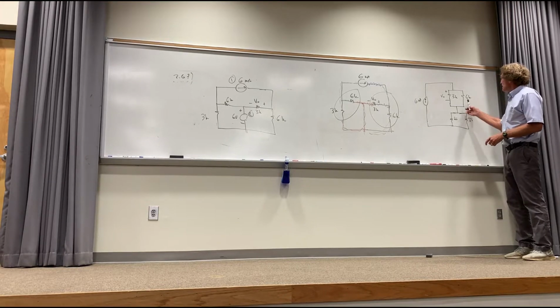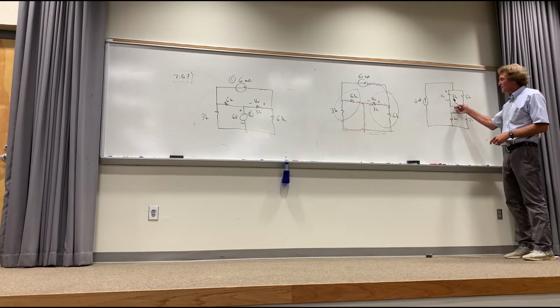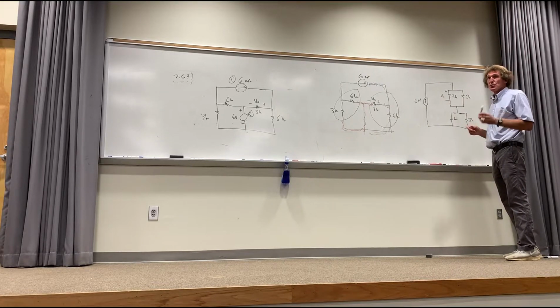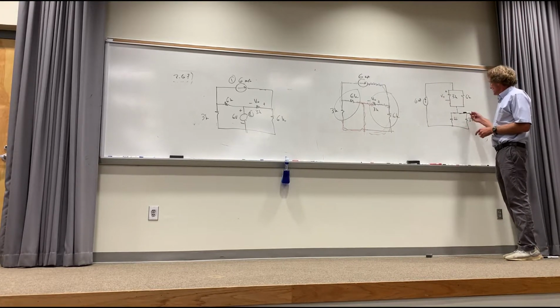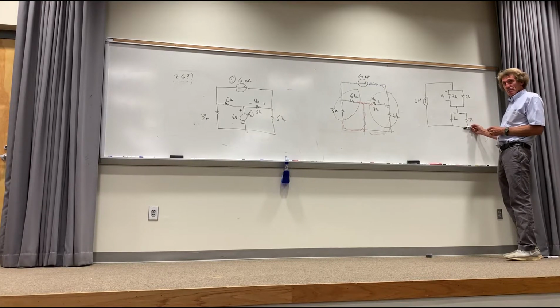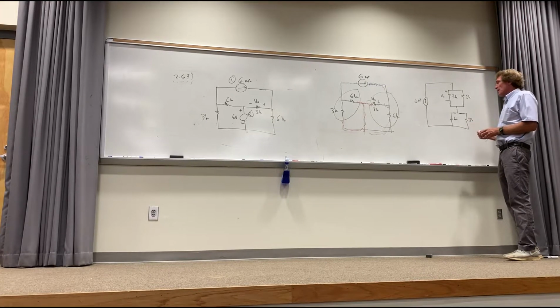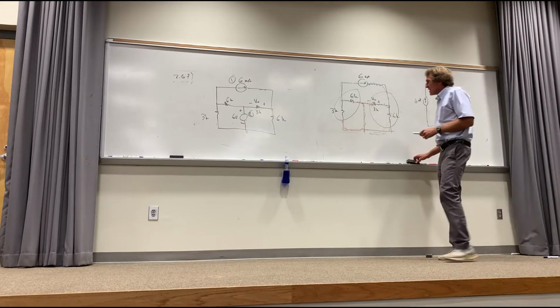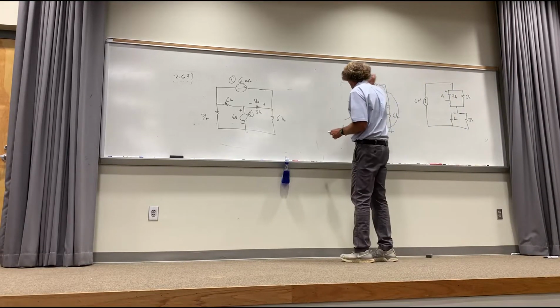Now, this is in parallel, right? What's the net value of that? 3 times 6 over 3 plus 6? 2, isn't it, class? 2K. Isn't that the same as this, 2K? Agreed? Now, if you have 2K for the parallel equivalent, let me draw that here.